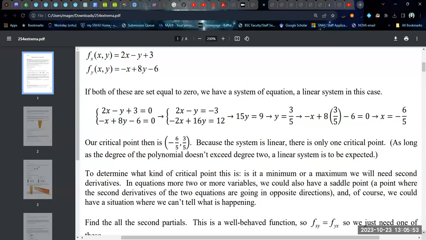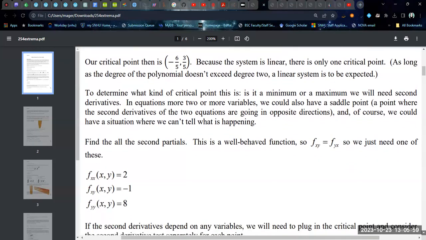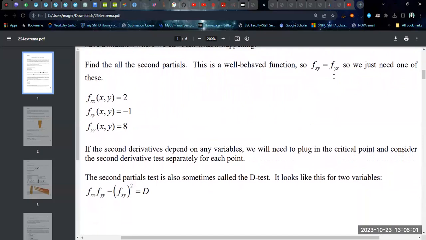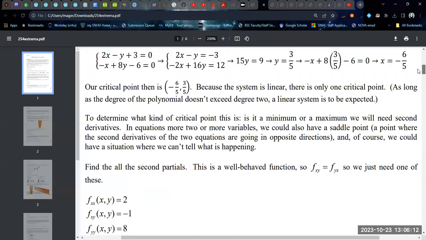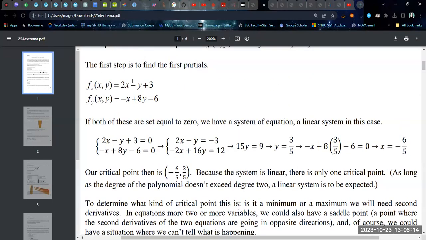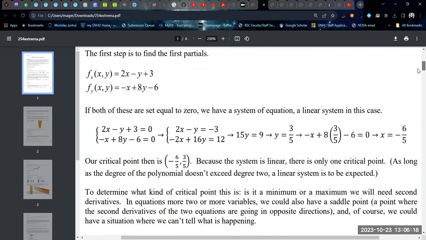Now, to find out whether this is a minimum, a maximum, or a saddle point, we're going to need the second derivatives. And the second derivatives are going to be the same if they're mixed partials, so we only have to find one of them. The second derivative with respect to x, if we go back to our fx equation, the derivative of this one with respect to x is just 2.